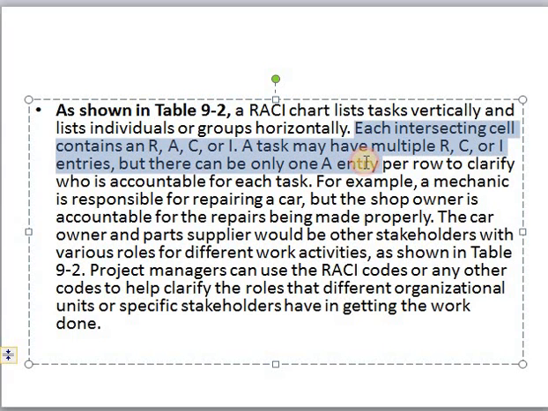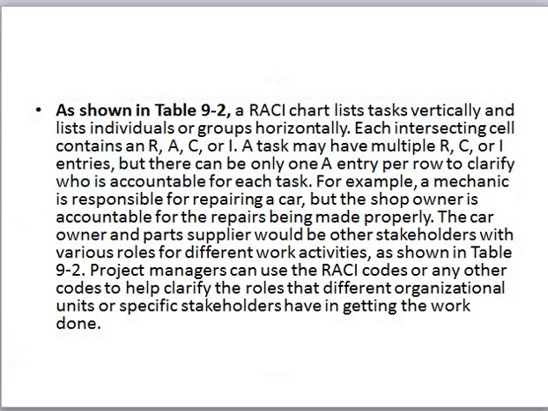Each intersecting cell contains RACI. A task may have multiple R, C, or I entries, but there can be only one accountable person for every row or task. To clarify, basically, who will be responsible for that task.